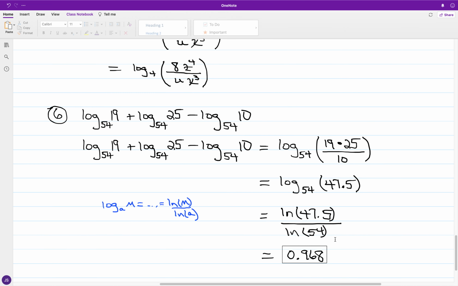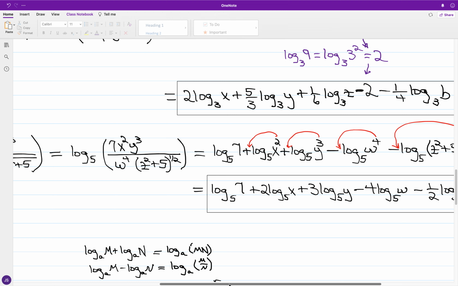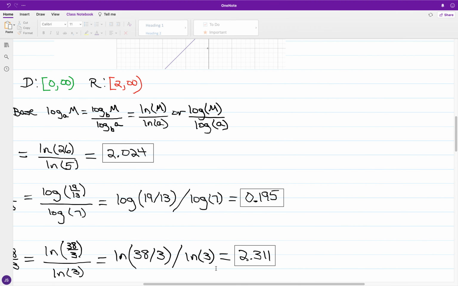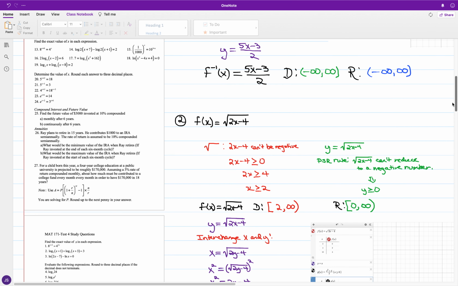And now, in terms of what we have with the group, where it definitely says to combine as a single logarithm, we have numbers 10 through 12.